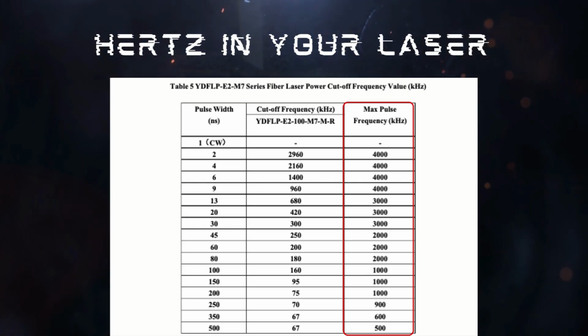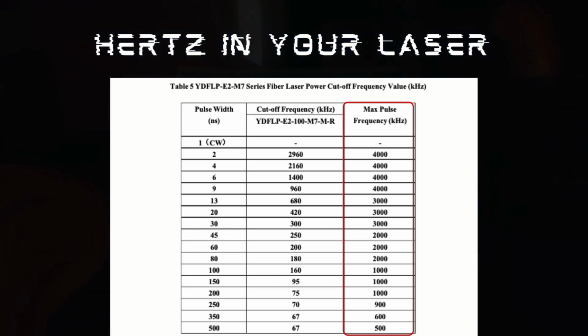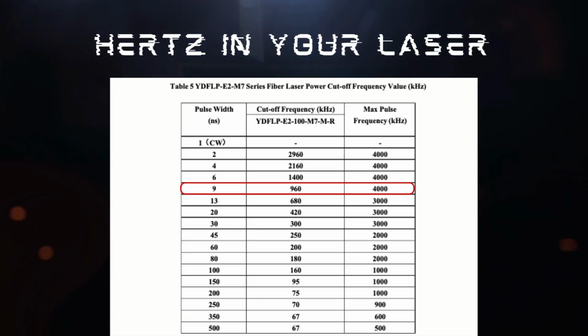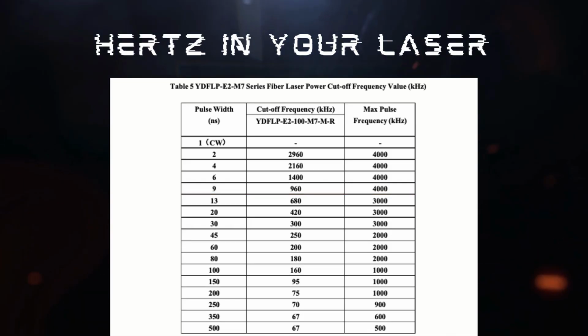The reason for this is that shorter pulses have lower energy, therefore there need to be more of them in order to make up for the wattage. So in this instance, a 9 nanosecond pulse duration would require 960 kilohertz or 960,000 pulses per second in order to produce the 100 watts of power.